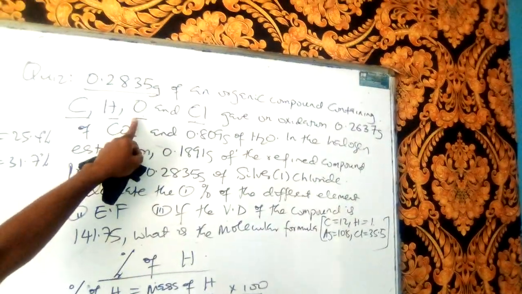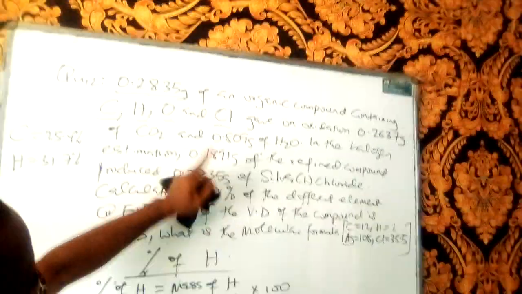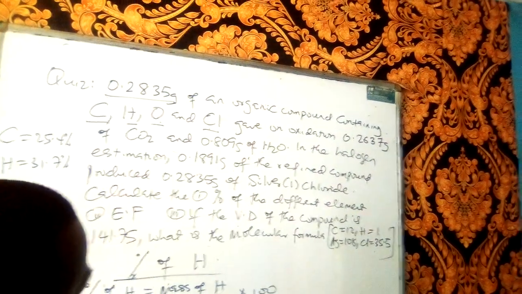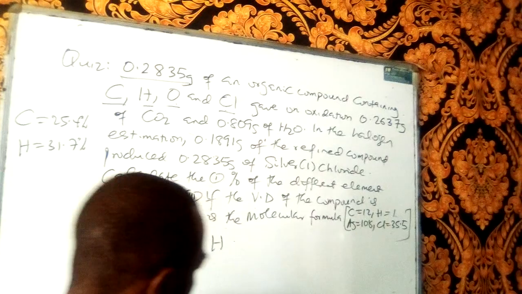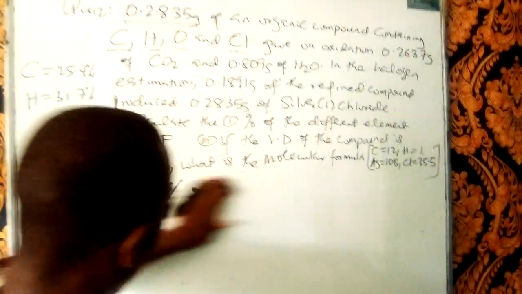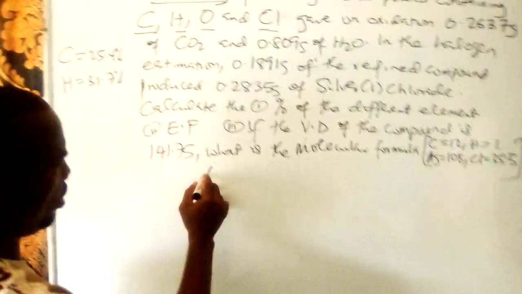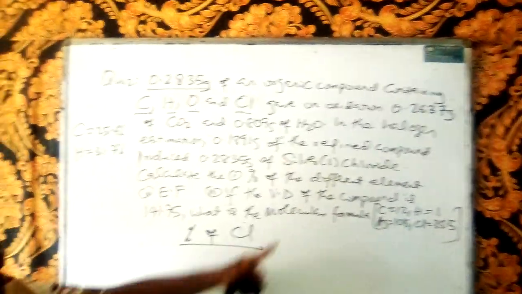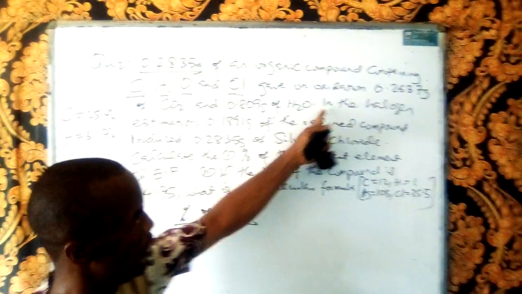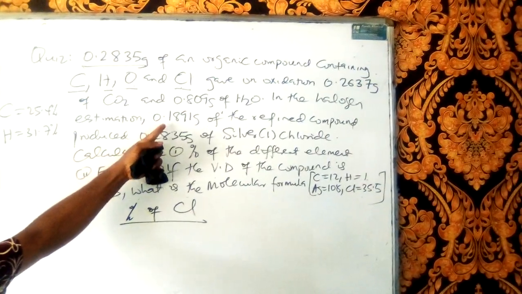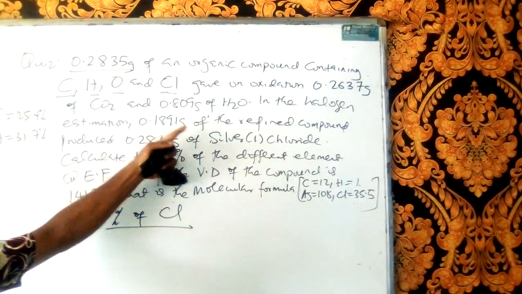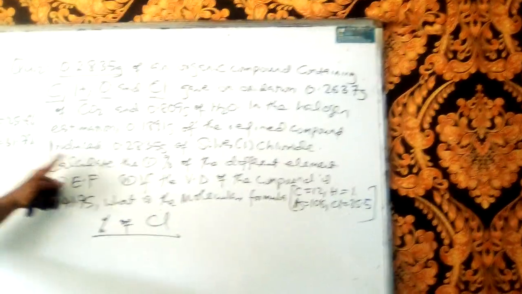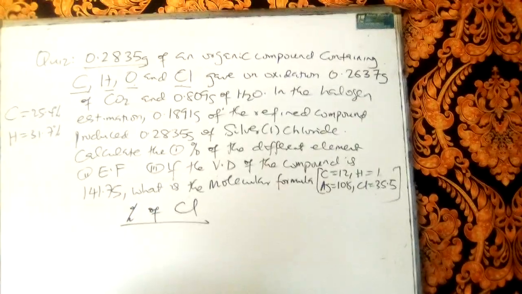So, having done that, we go to the next element. We may not easily find oxygen because there is no data given to us about oxygen. So we go to chlorine first. So now we go to the percentage of chlorine in the compound. So how do we do that? We are told from the information, in the halogen estimation, 0.1891 gram of the compound, pure refined means pure compound, produces 0.255 of silver chloride.